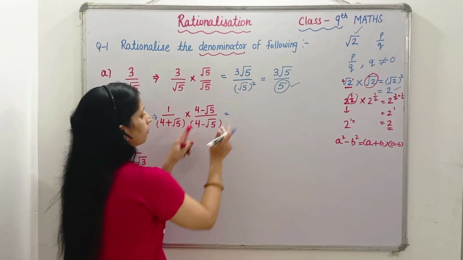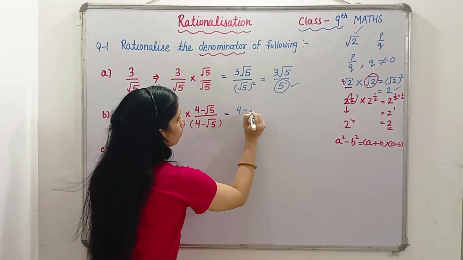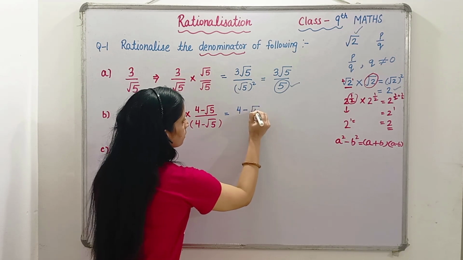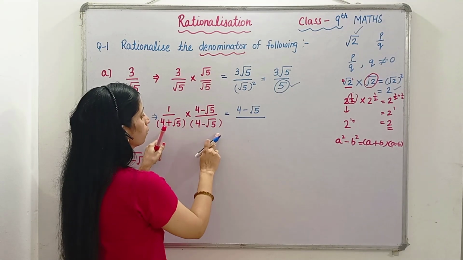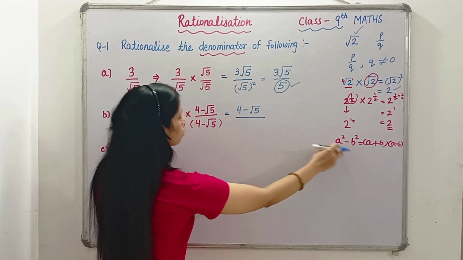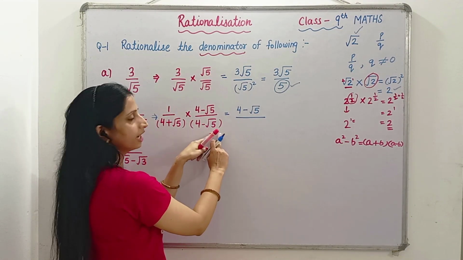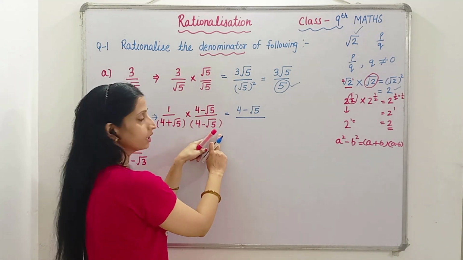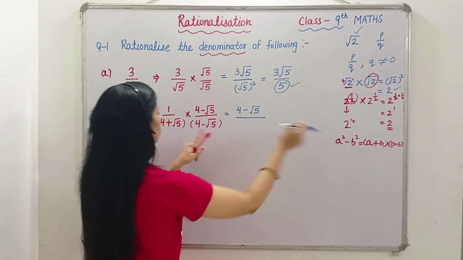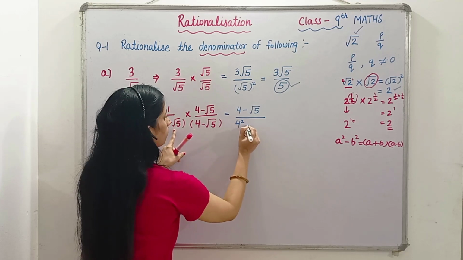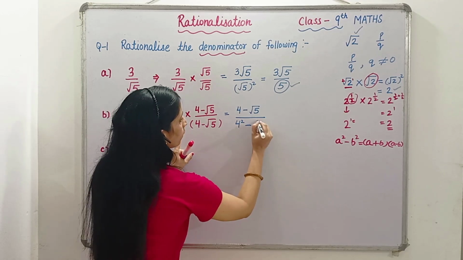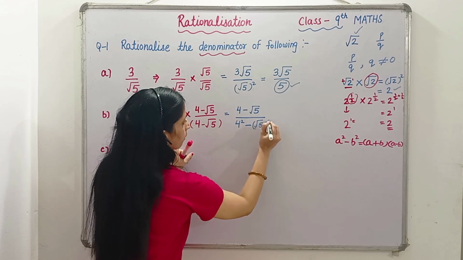Here by multiplying by 1 we will get the same number, 4 minus root 5 upon, here 4 square, this is a plus b, a minus b. So which identity will we follow? a square minus b square. So 4 square minus root 5 square.